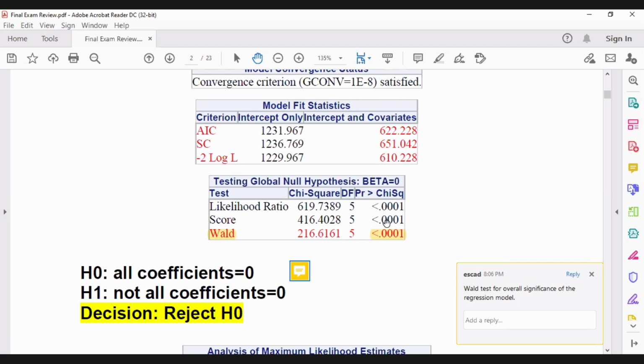Because the p-value is less than the 5% significance level, so you reject H0 and accept the alternative one, stating that not all coefficients are equal to 0. Any questions, please?